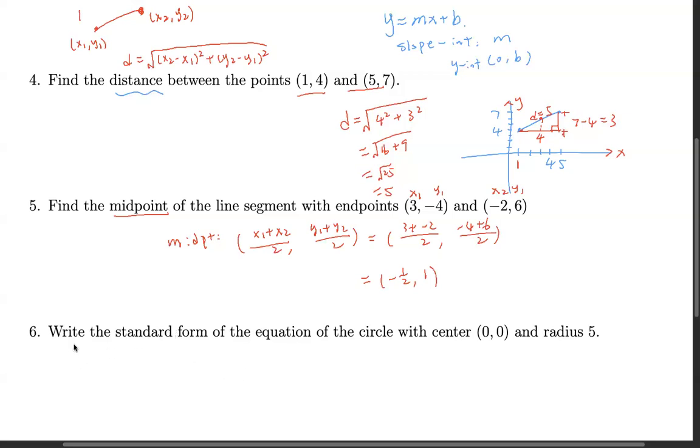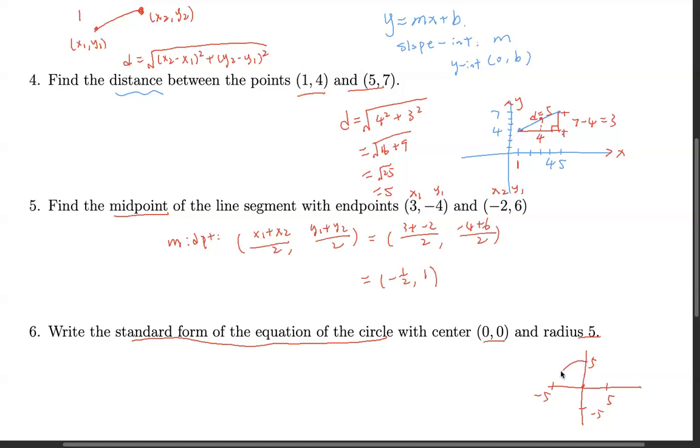Now let's say 6. Write the standard form of the equation of a circle with the center at the origin and radius 5. So imagine the circle centered at the origin and the radius is 5. This is 5, 5, -5, -5.